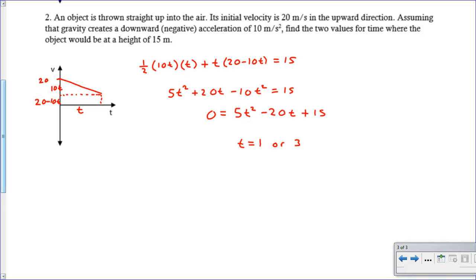And that actually gives you both of the solutions. So remember I said it was going to pass through on its way up, and then it would pass through again on its way down. Well, these are both of those solutions. So t equals 1 or 3 seconds, and that is the answer to this one.